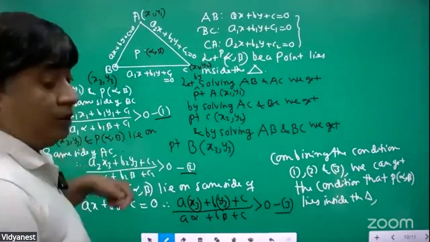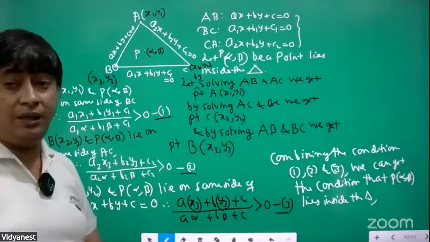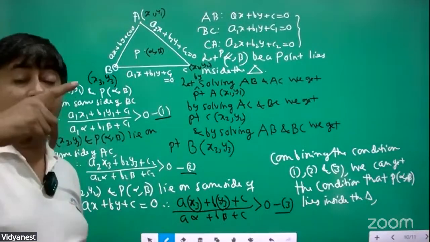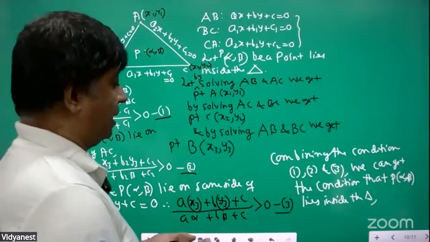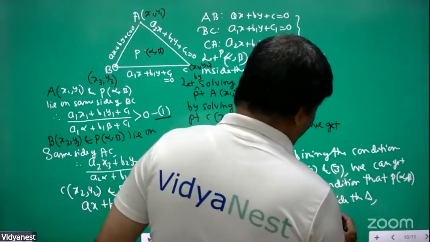So if one of these three conditions is somehow broken, that means the point lies outside the triangle.